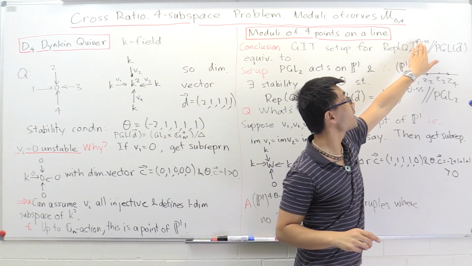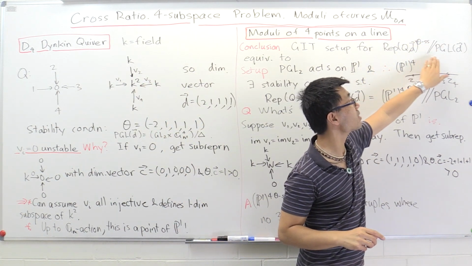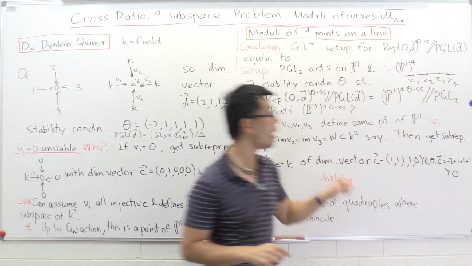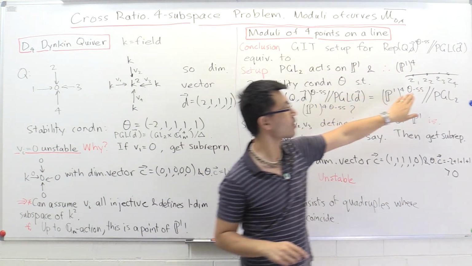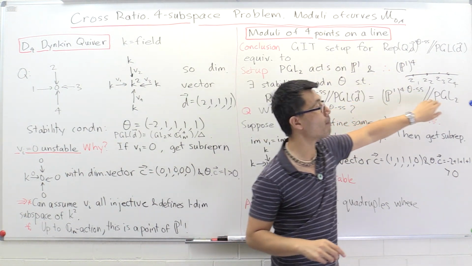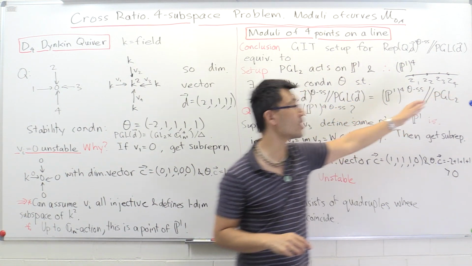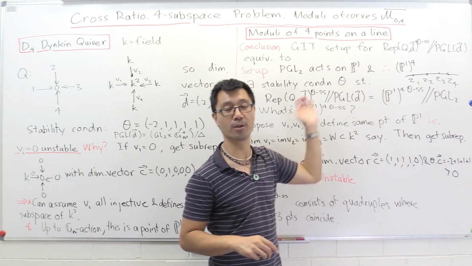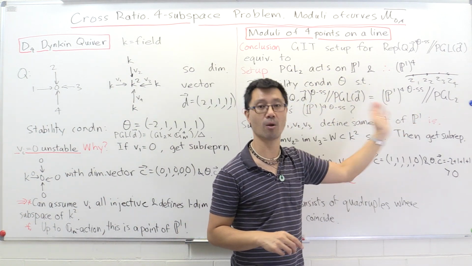You look at the theta semi-stable part of that and you mod out by this PGL2. That's precisely the same as if you look at the theta semi-stable part of 4 copies of P^1 and you mod out by PGL2. So they're the same moduli, the same geometric invariant theory problem.